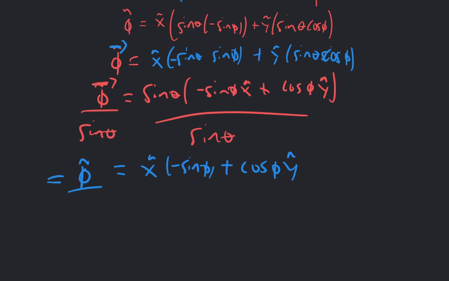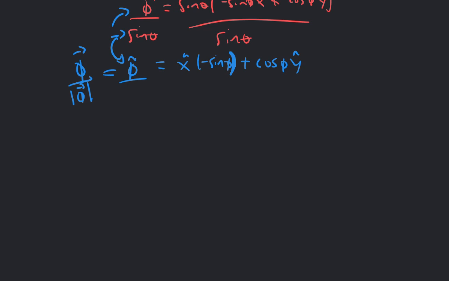This is phi vector divided by the magnitude, and this is why this becomes phi hat: minus sine of phi x unit plus cosine of phi y unit.